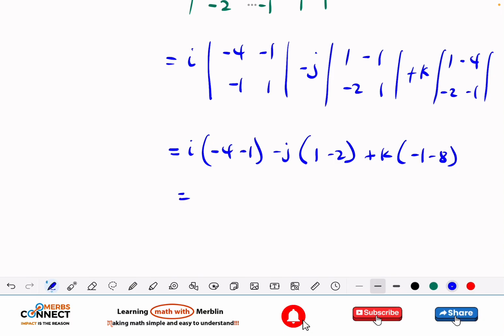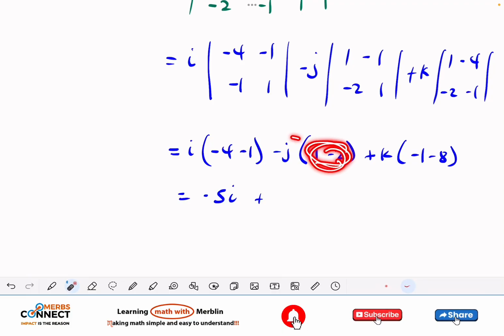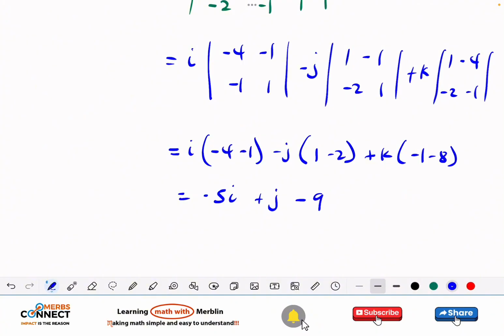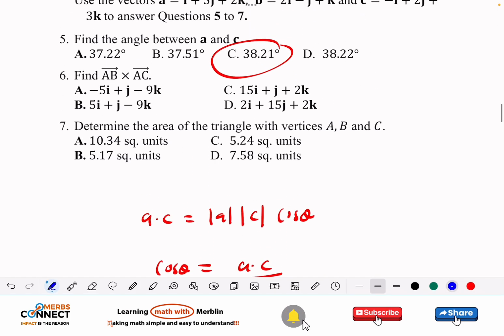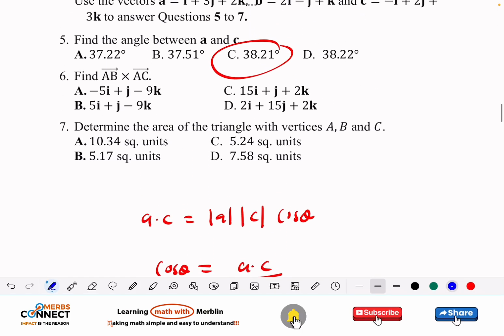So we are going to have minus 5i, plus, so this will be minus 1, minus 1 times this one is going to give us plus j, and this is going to give us minus 9k. So minus 5, 1, minus 9. So the answer is A: minus 5, 1, minus 9.